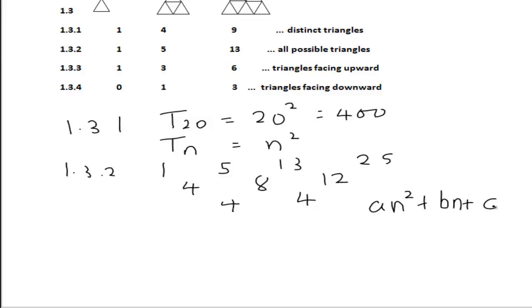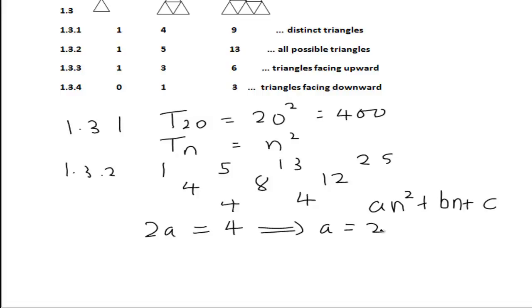Okay, and now here what we have to do is to look at this problem here. Since your second difference is a constant, then one of the things you should know is that 2a is equal to 4, and then a is equal to 2. And then when a is equal to 2, now the problem would become very easy.